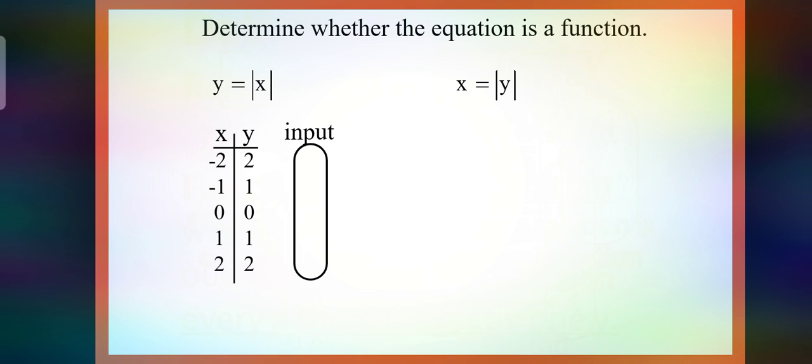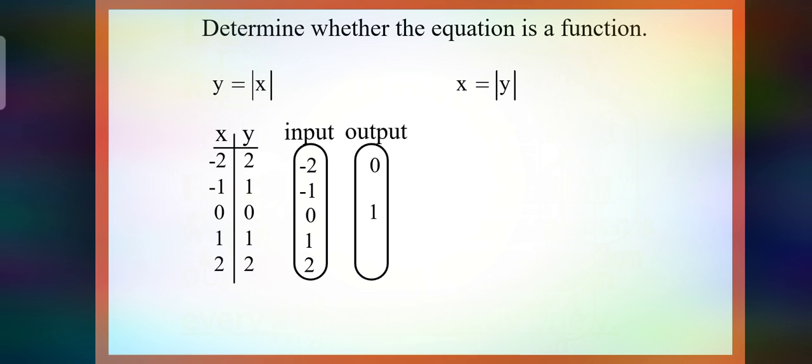So the inputs are negative 2, negative 1, 0, 1, and 2. For the outputs, 0, 1, and 2.